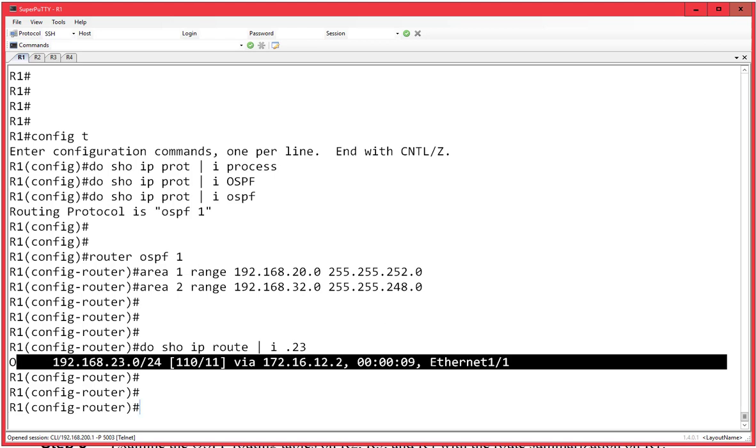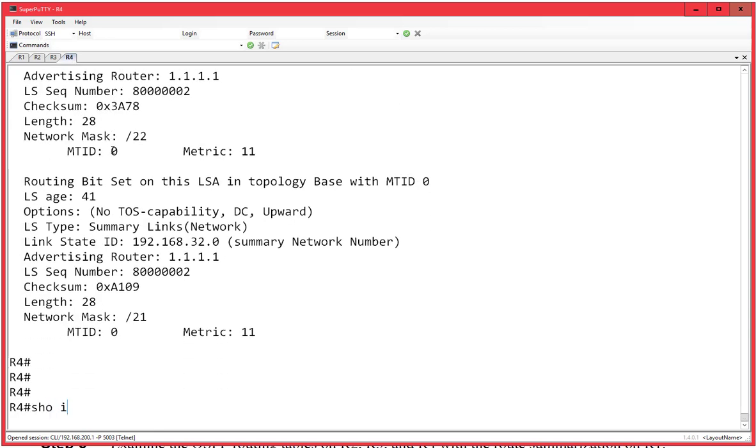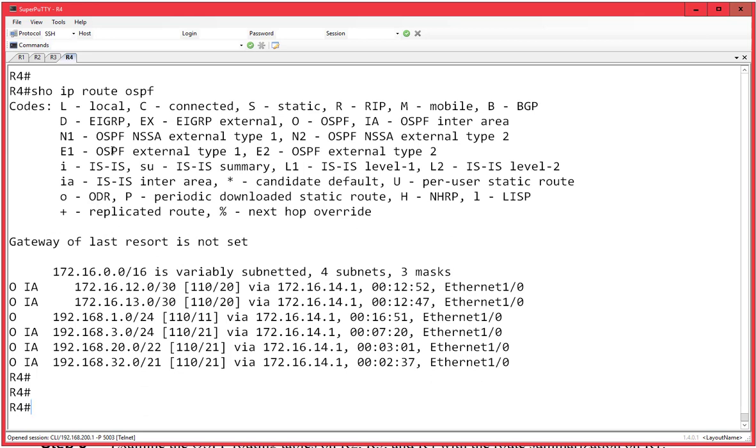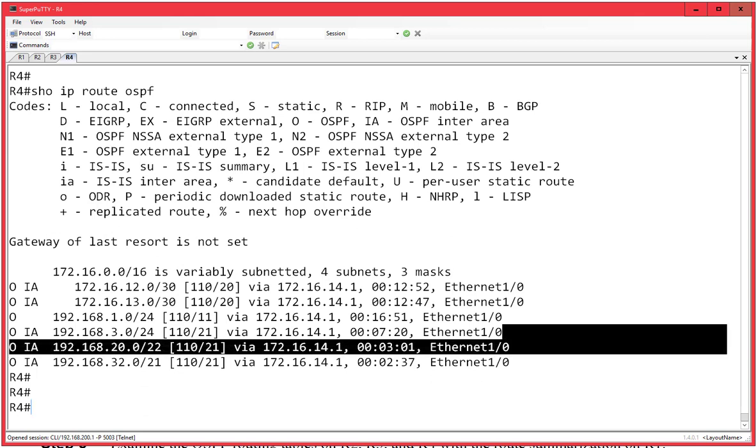Now the reason I did that, I separated those, is because I want to be able to demonstrate the concept of this seed metric. If I go to router 4, for example, show IP route OSPF, we can see that the metric for this route is 21.